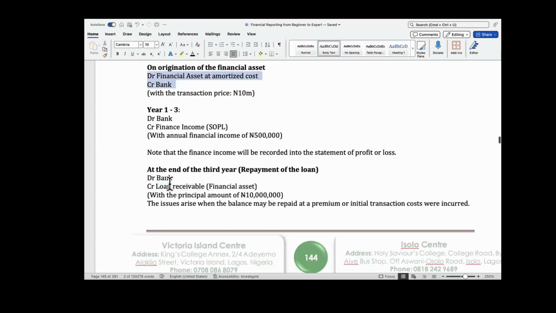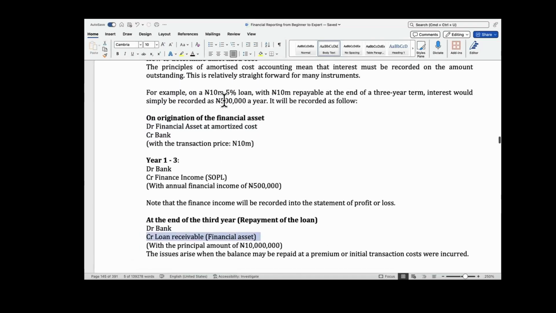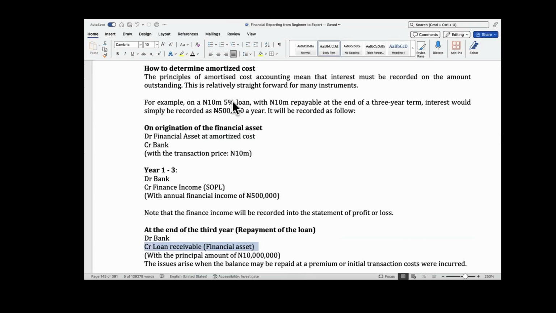So the only thing is, which is not something common, but I've seen it in your exams, where they will tell you that this 5%, they didn't pay it that year. Maybe in year 2, they did not pay it.